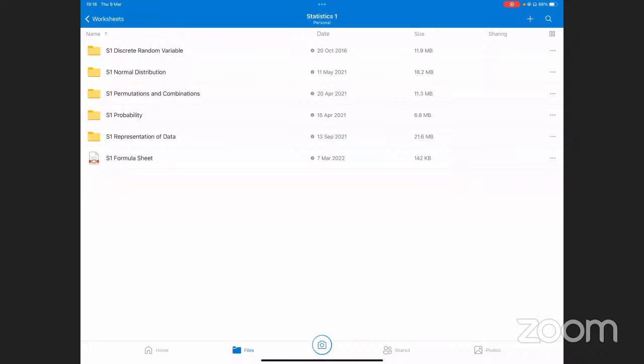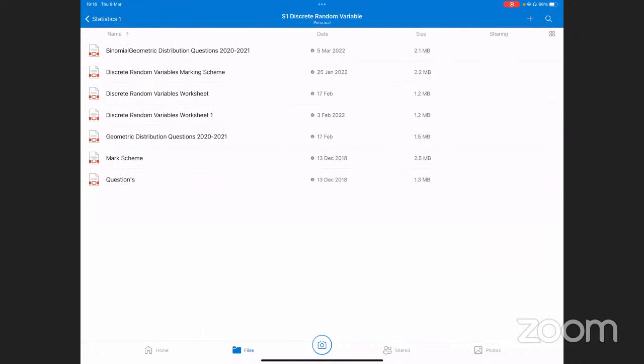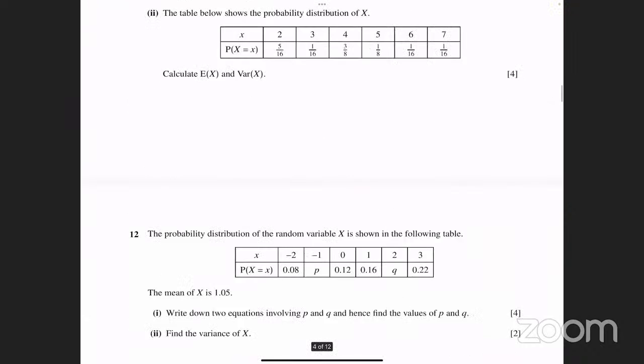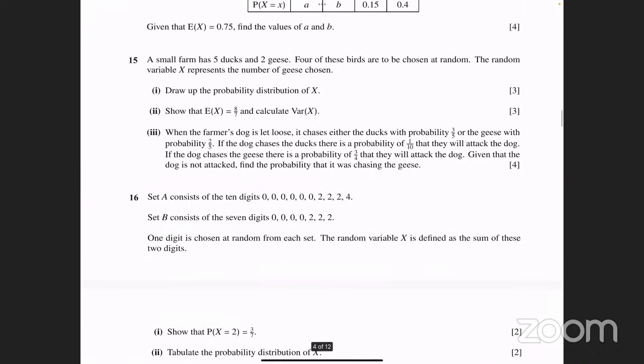Question number 15. So I get the probability. I just thought, don't we have to multiply it by the probabilities that we found in the probability distribution table as well? It's not really related to that.